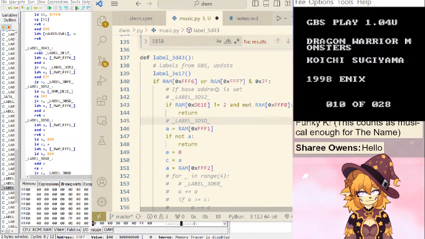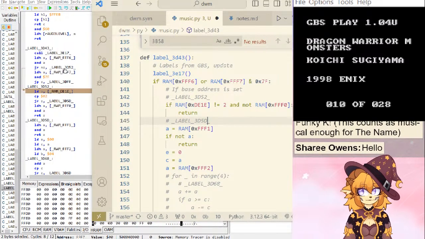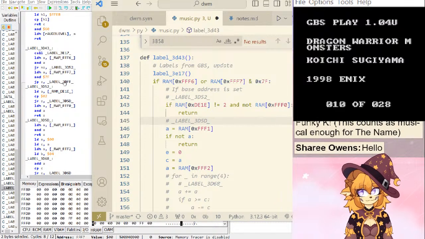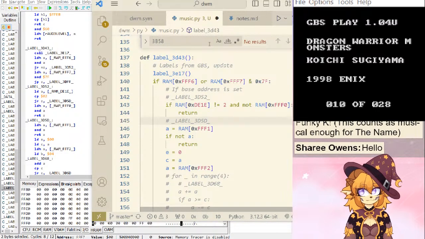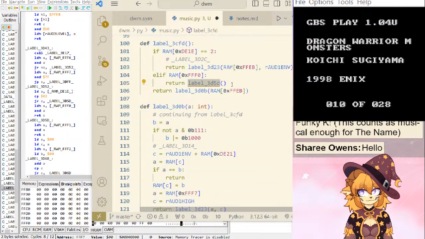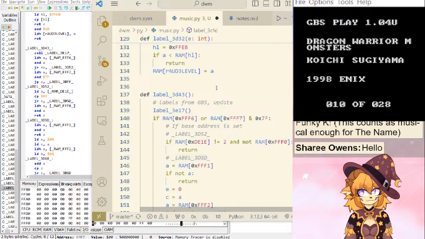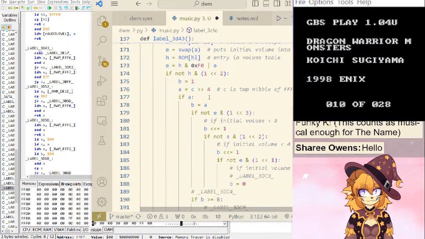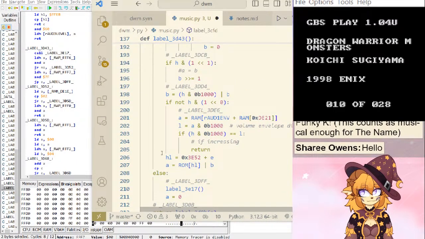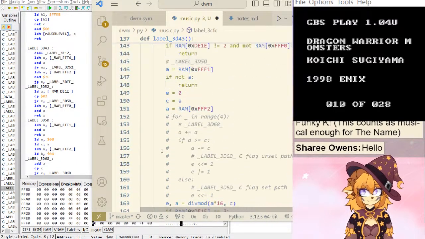Okay, that's annoying. So 3D52 is the contents of this if.